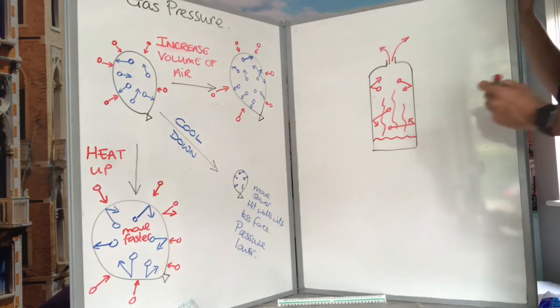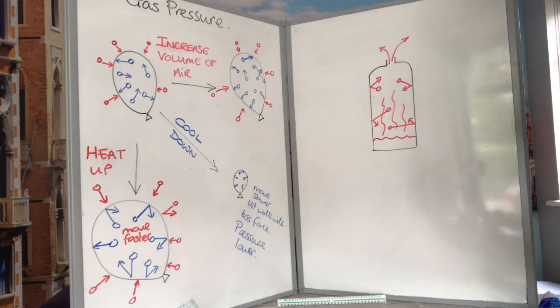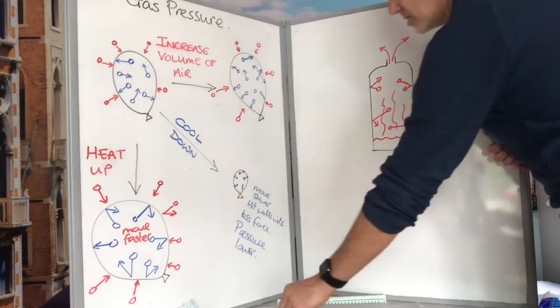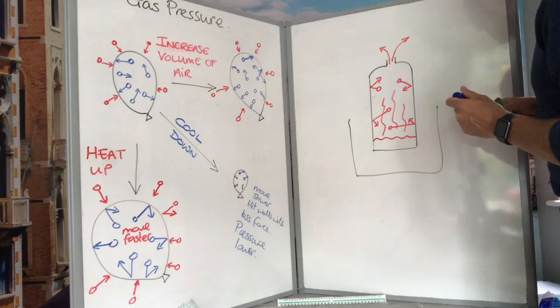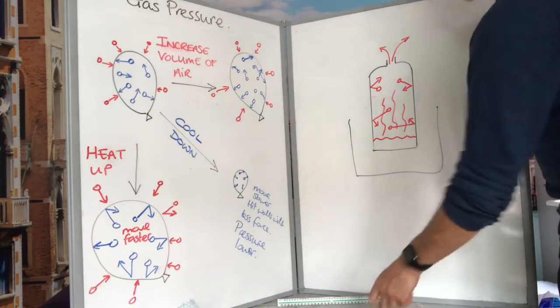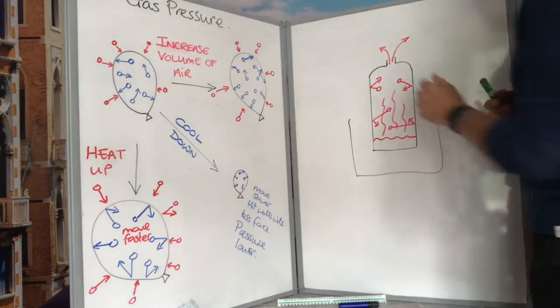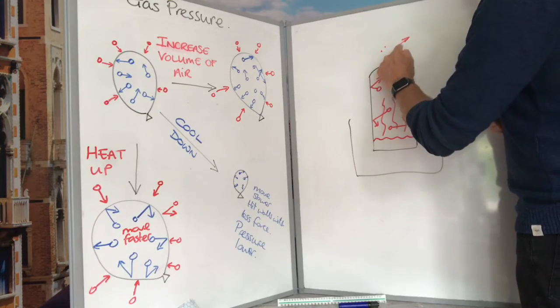Okay. Now, when we cool the whole thing down and we put it into that container of cold water, then the gas particles on the inside start to cool down.